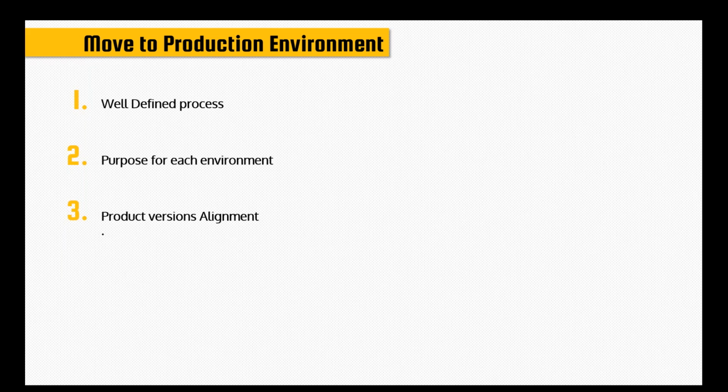Two main components of the plan would be defining a clear purpose for each environment. We see rollout processes that fail because of the mix-up between the purposes of the environments and because of not keeping the version of the product aligned.